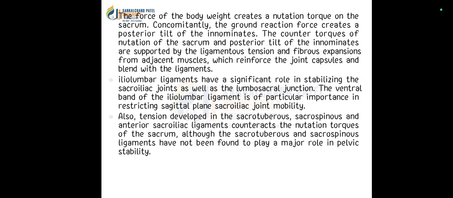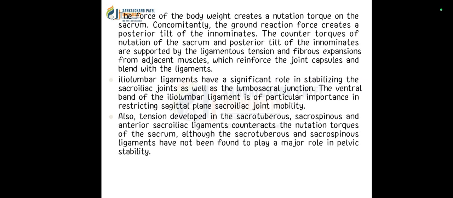The force of the body weight creates a nutation torque on the sacrum. Concomitantly, the ground reaction force creates a posterior tilt of the innominate. The counter torque of the nutation of the sacrum and posterior tilt of the innominate are supported by ligamentous tension and fibrous expansions from adjacent muscles, which reinforce the joint capsules and blend with the ligaments.